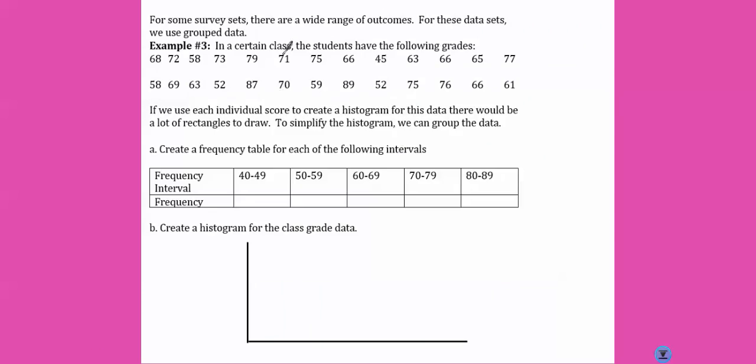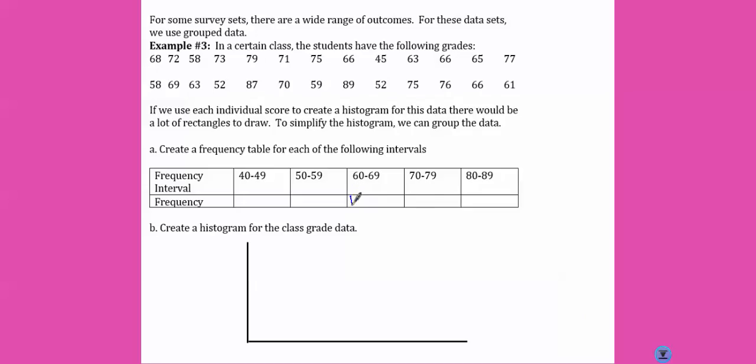Now sometimes we have a bunch of data and there aren't a lot of repeated numbers in here. So to make our histogram easier, we're going to group them by interval. So 40 to 49, 50 to 59, 60 to 69, 70 to 79, and 80 to 89. So I'm going to count up all of these.